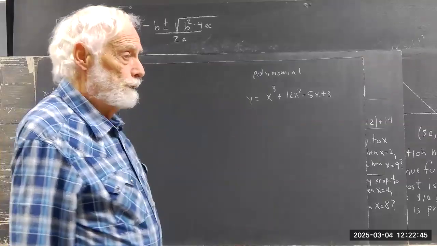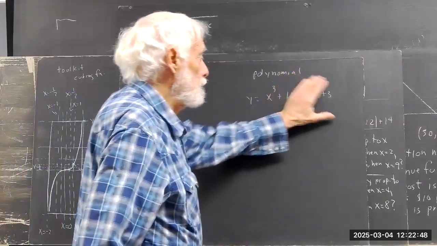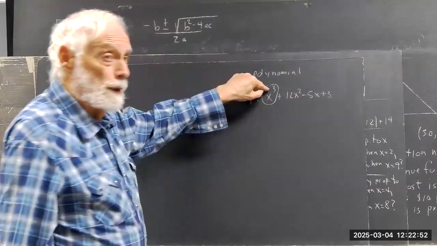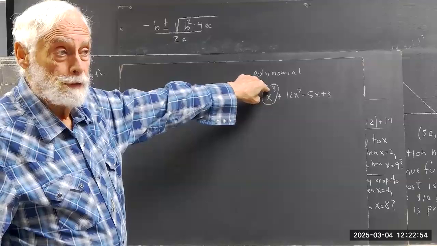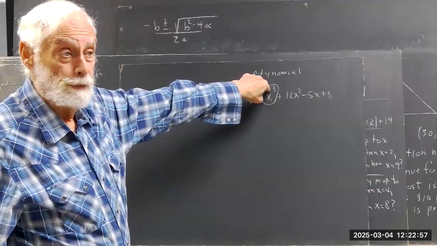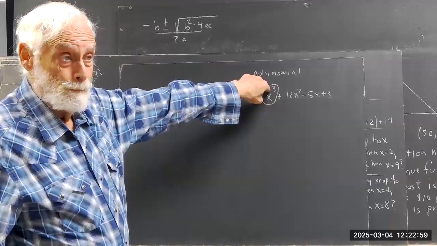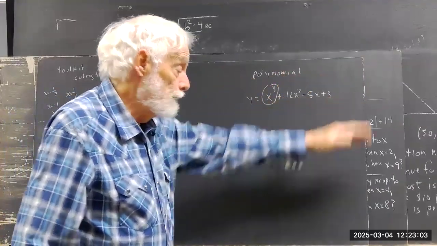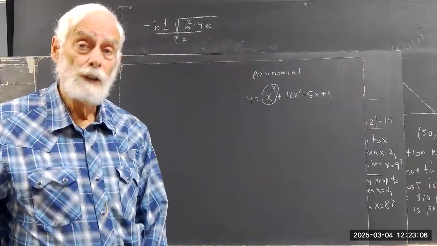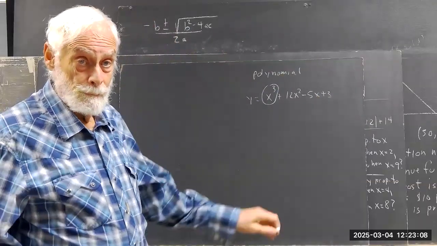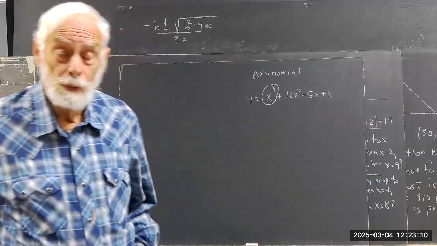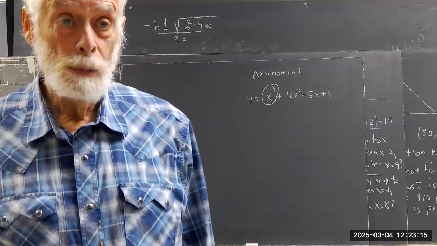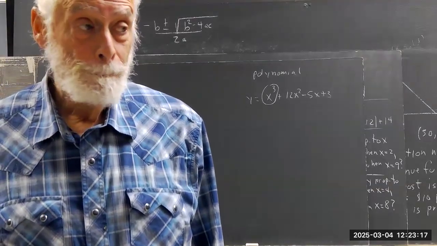As x approaches infinity, none of this stuff matters. The only thing that matters is the one with the highest power term. So you ask yourself, what does this do as x approaches infinity? If x is big enough, x cubed is going to be so much bigger than all the rest of this stuff that the rest of this stuff doesn't matter. So take that and see what OpenMath has to tell you. And we'll talk about it on Thursday.